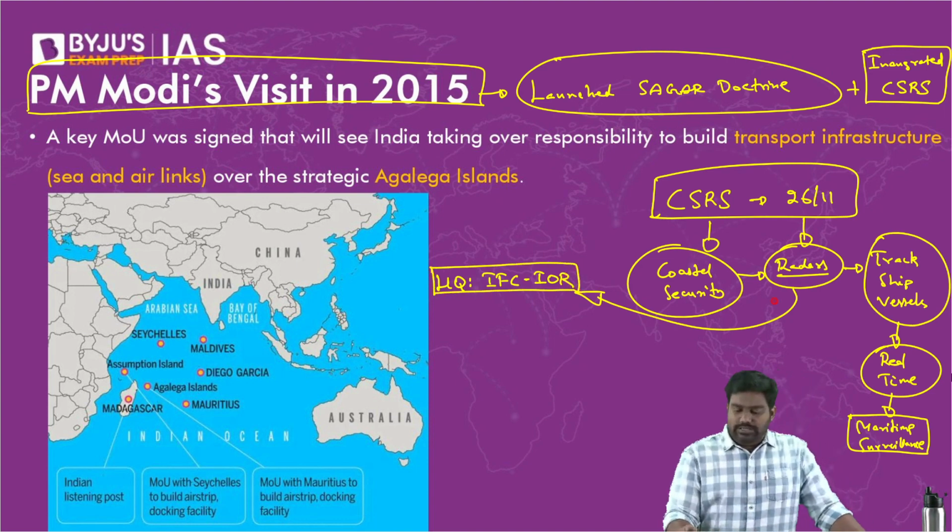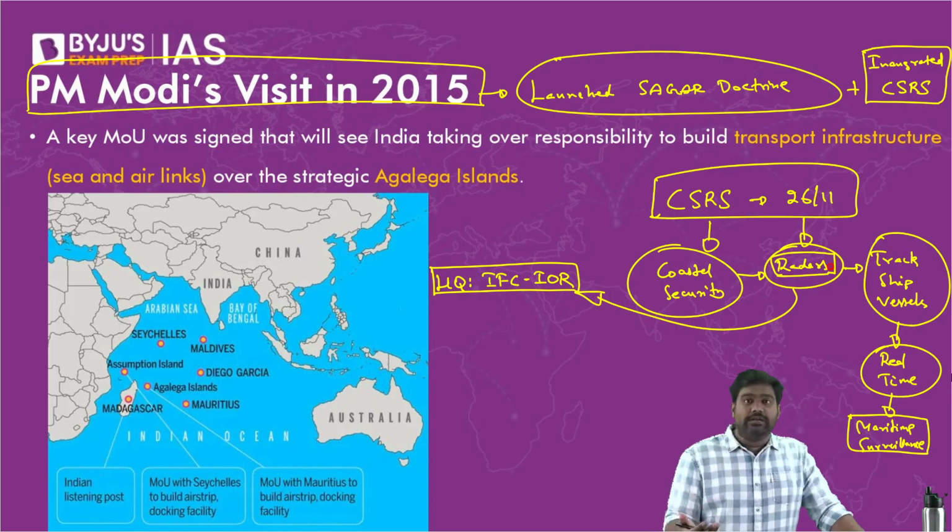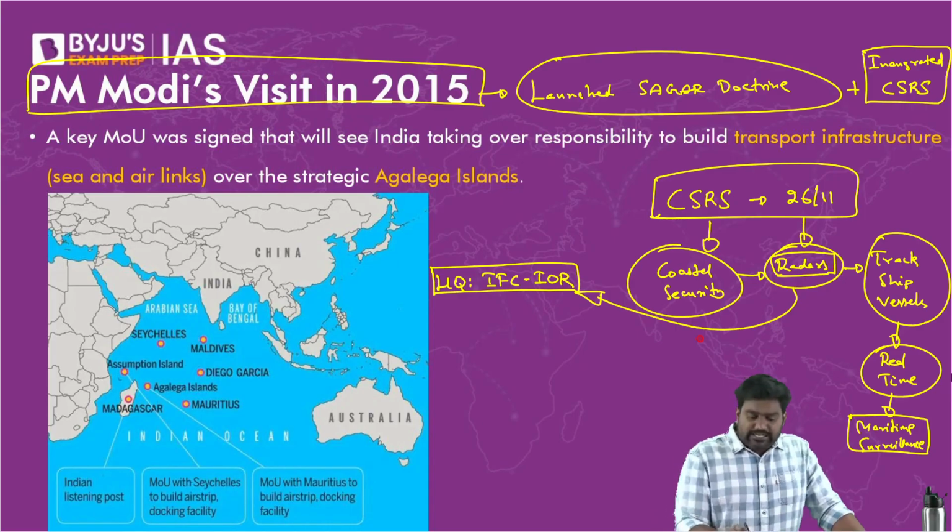All the radar data from across India's coastline and island territories, and also from Maldives, Mauritius, and Seychelles, where the radars have been inaugurated, is fed into this headquarters located in Gurgaon, on the outskirts of Delhi. This is where the headquarters is located of this project, which is managed by the Indian Navy.